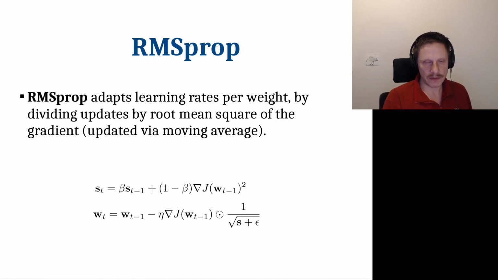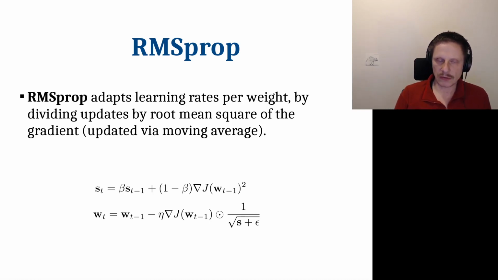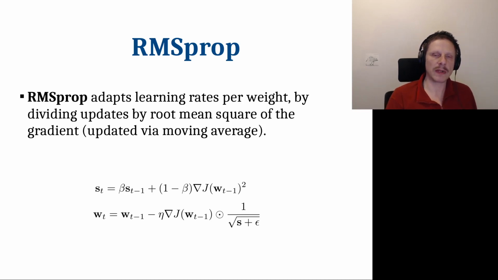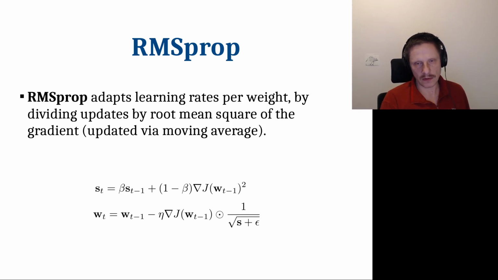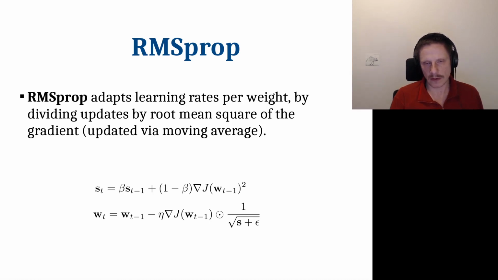This circle with the dot simply denotes element-wise multiplication. So we are multiplying each element in the gradient by each of these inverse square roots.